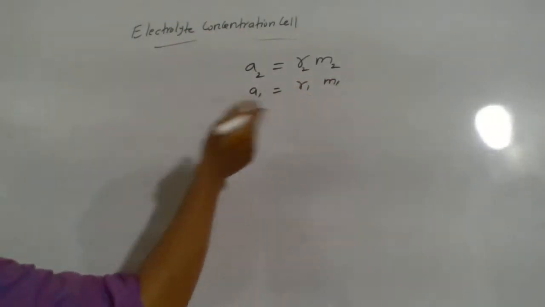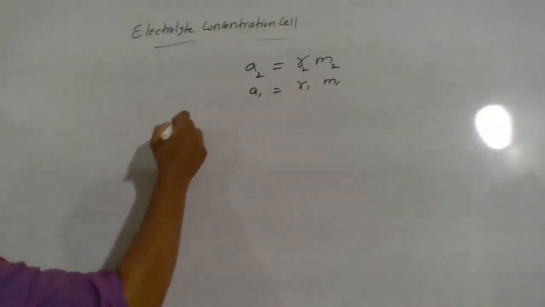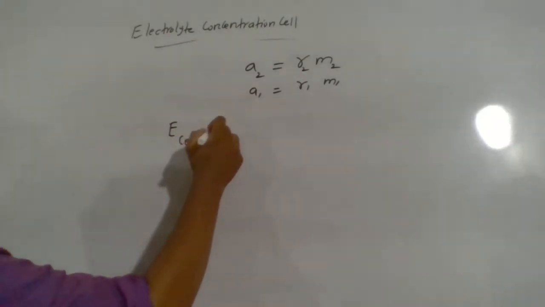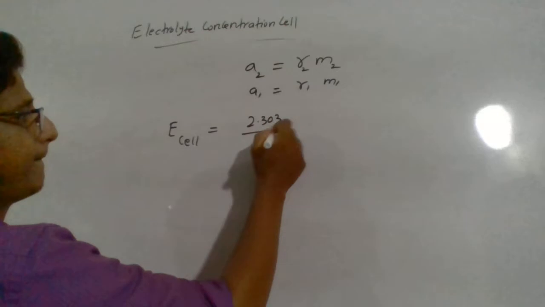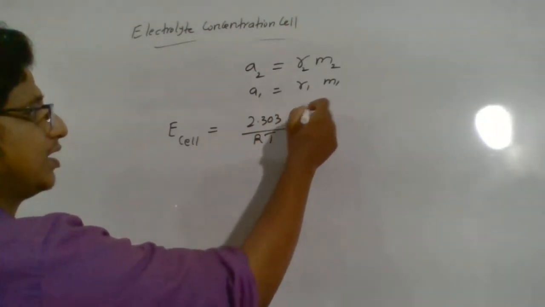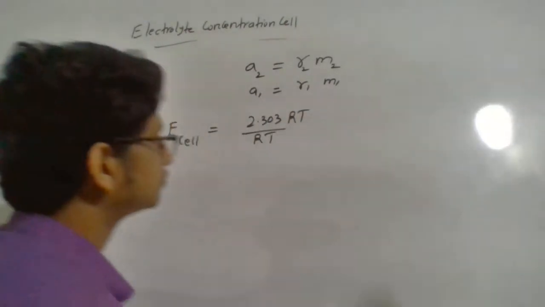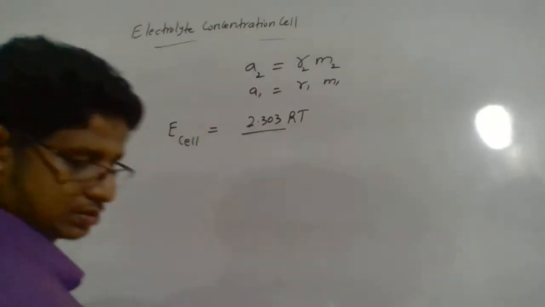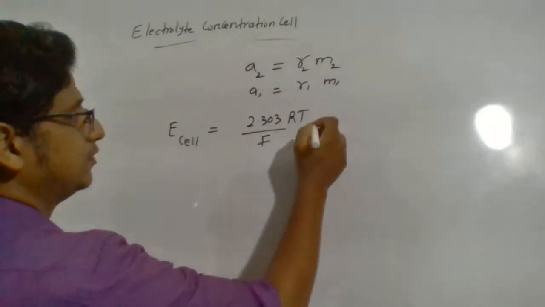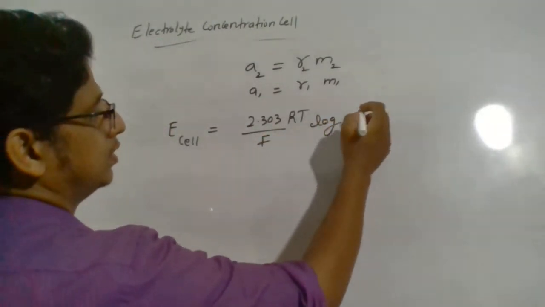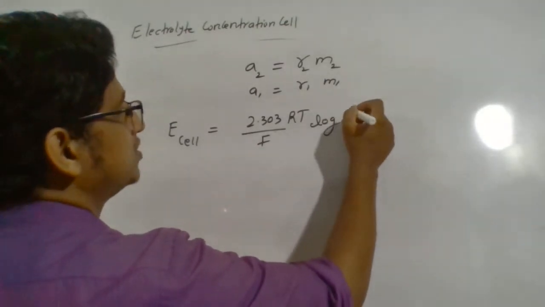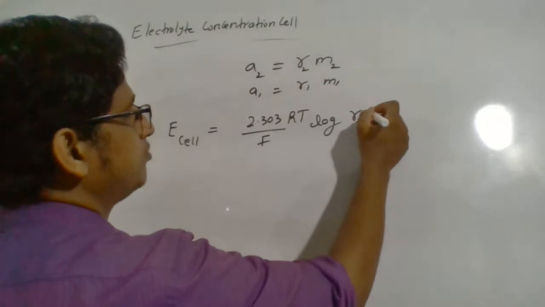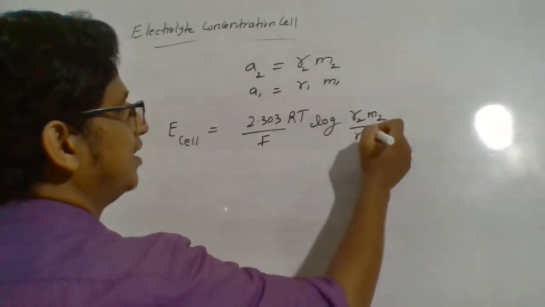So let us apply this in the above equation, E cell, which is equal to 2.303 RT by F log, instead of A2, gamma 2 M2 divided by gamma 1 M1.